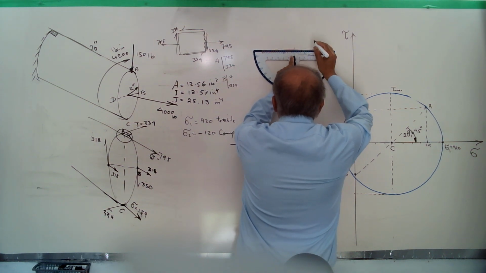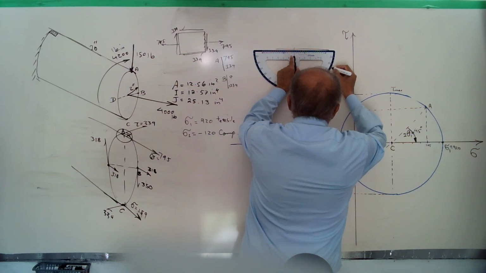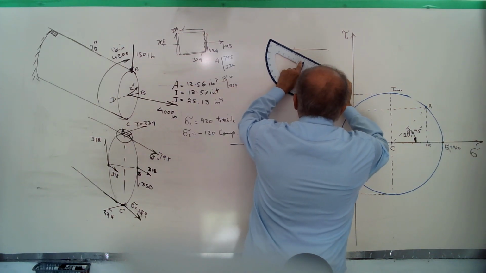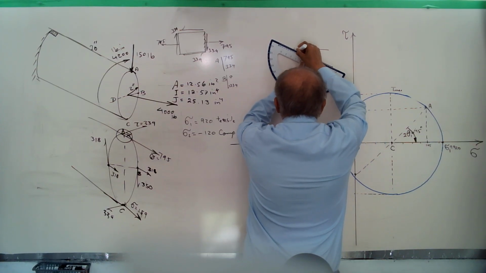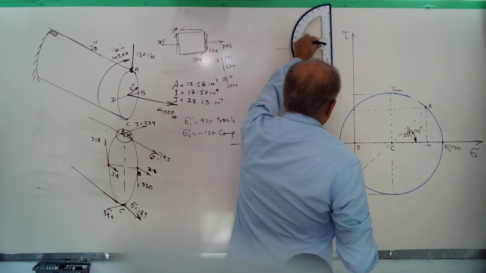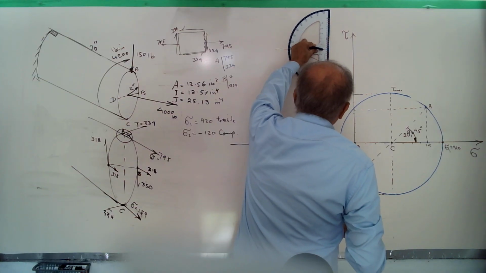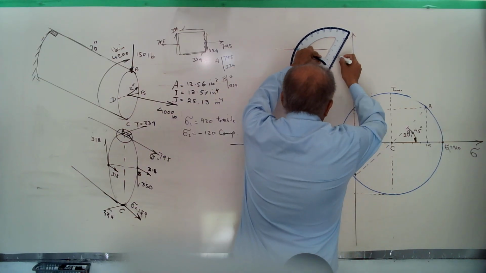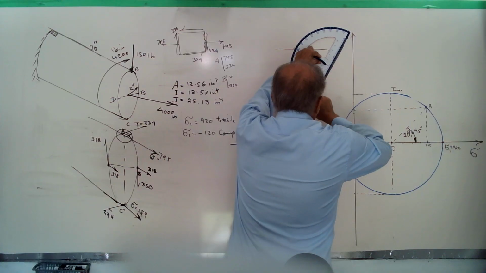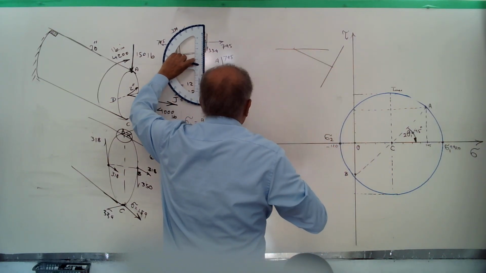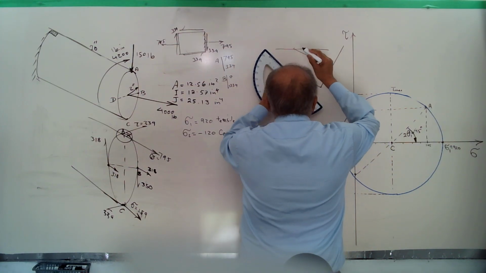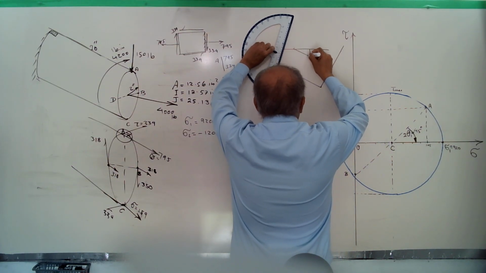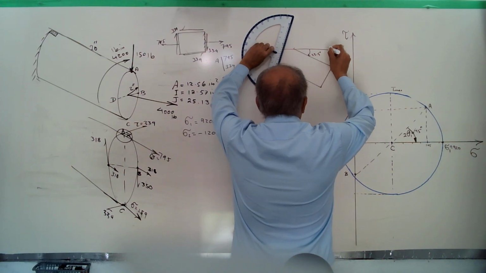If this is the center, 22.5 is here. I must rotate the surface A to this surface, perpendicular to this. It means that this surface A is rotated 22.5 degrees.